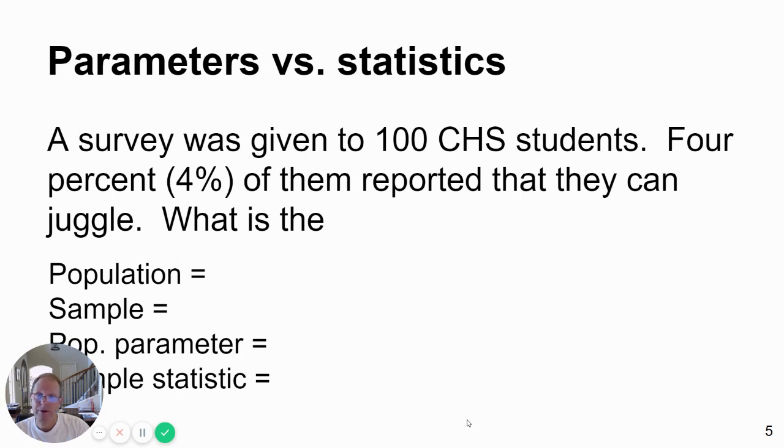So let's do a practice here. A survey was given of 100 Capella High School students. 4% of the people in the sample reported that they can juggle. What is the population, the sample, the population parameter, and the sample statistic? So here we are. The population is all CHS students.